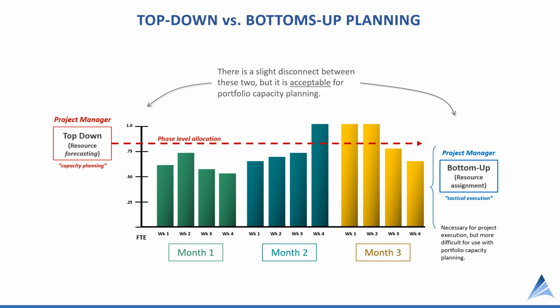And of course, we can see that there's a difference. We're not tracking at the detailed task level, but generally at a phase level that gives us enough information. It's acceptable to do good portfolio resource capacity planning. And that's what we're trying to highlight right here. The goal is not to forecast exactly at the task level and roll that up across the organization.